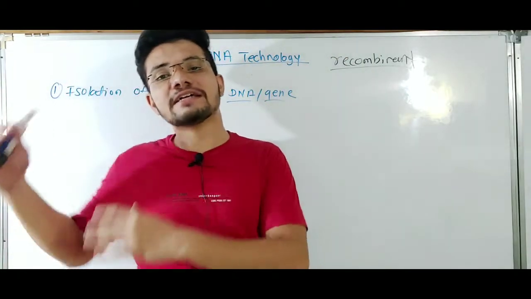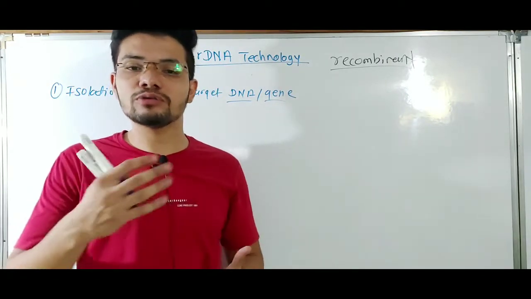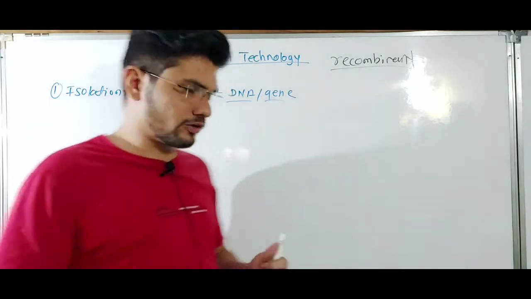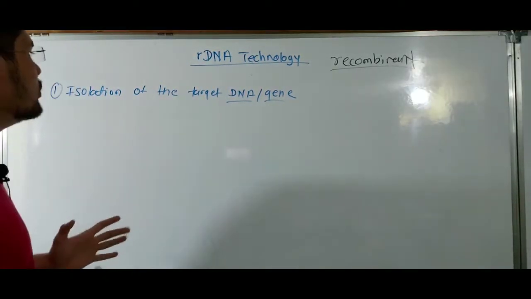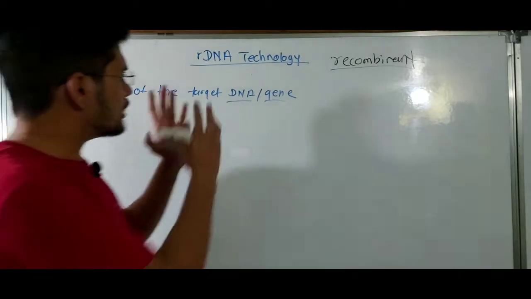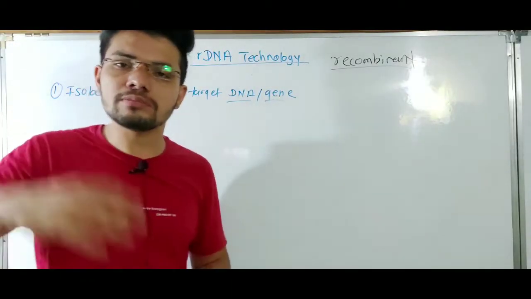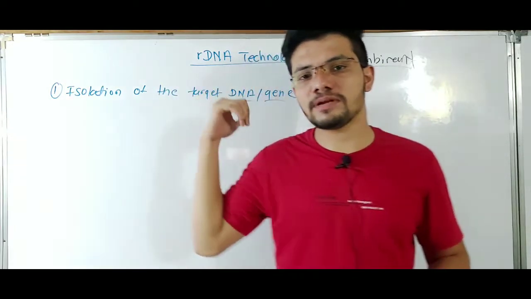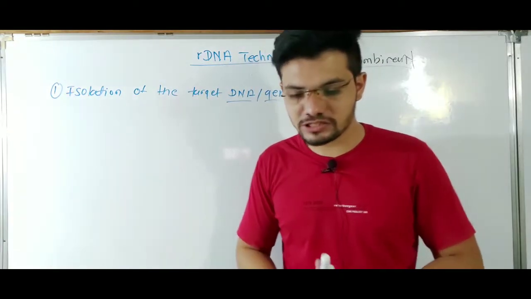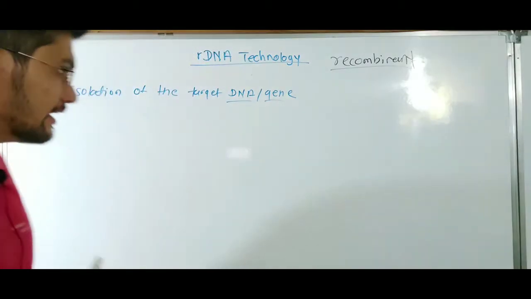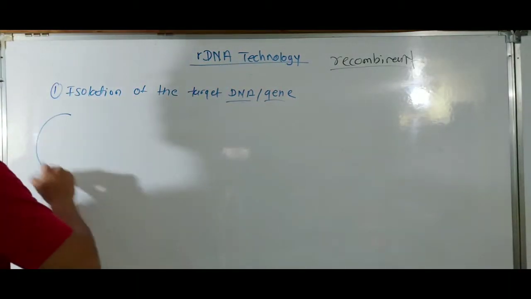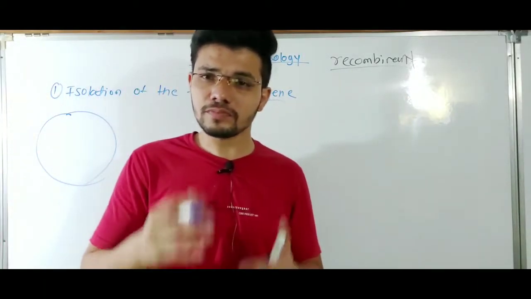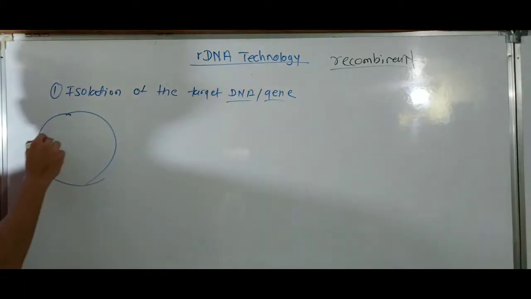With the help of that example, we will study which steps are involved in rDNA technology. First of all, we have to isolate the DNA from the cells in which our target gene is present. Suppose this is the human cell or other organism cell, which contains this chromosome.